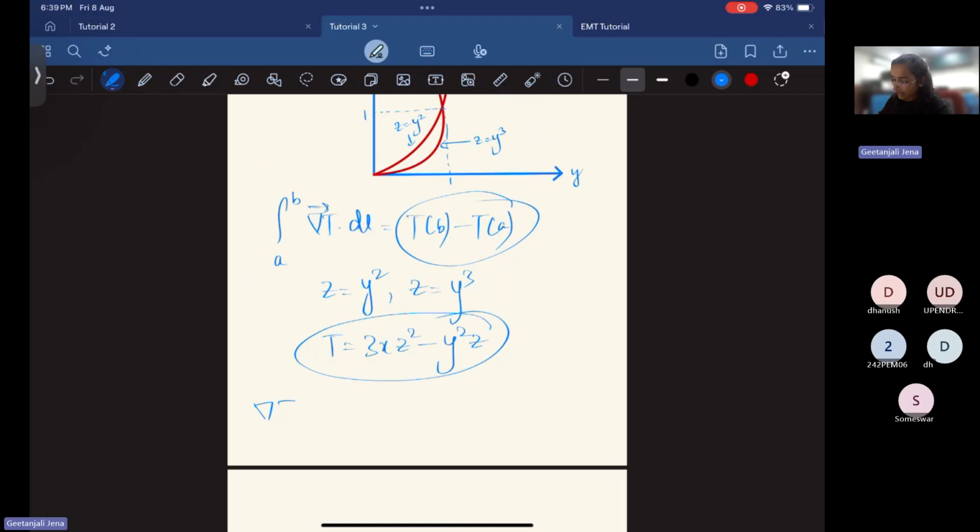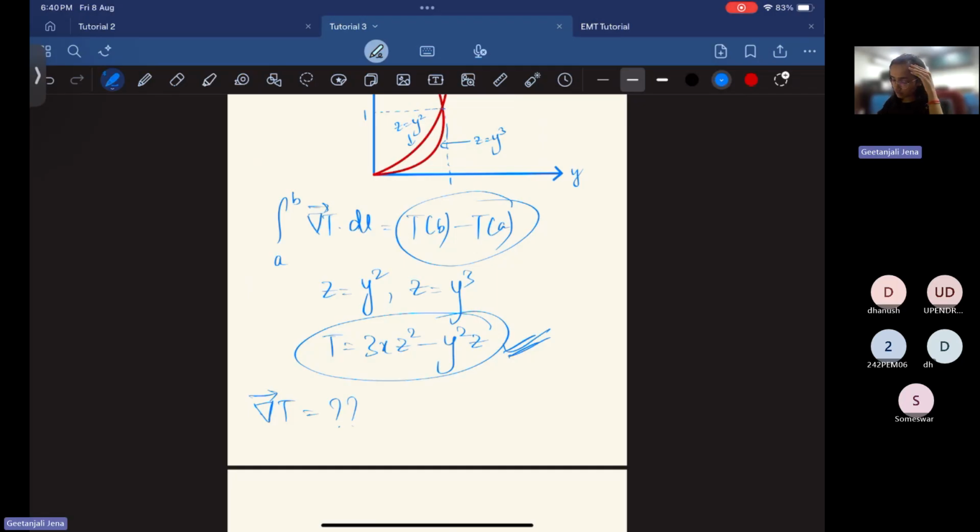Let me know what will be the gradient of T. What is the value we will get? This is all in Cartesian coordinates, so you can easily get the gradient of T. Let me know the answer. So what will be the gradient of T?